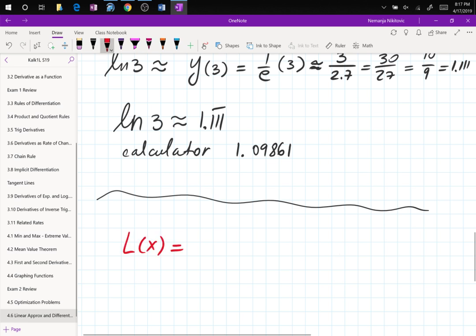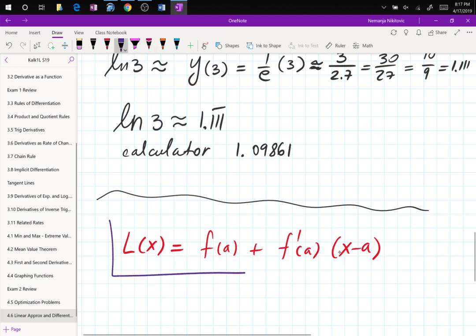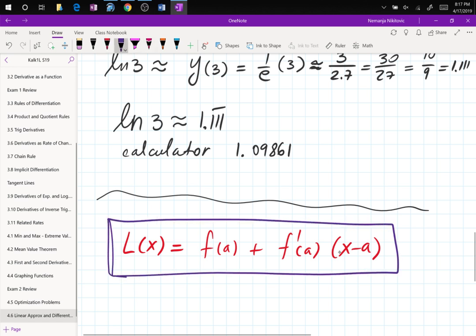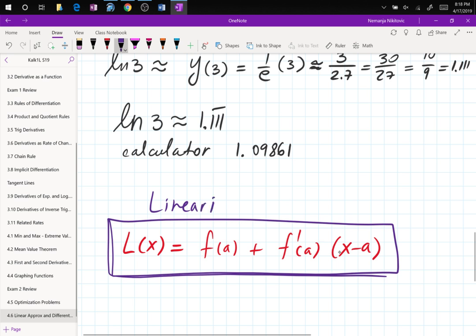L of x is equal to f of a plus f prime of a times x minus a. So this is called linearization. Whatever curve you had as f of x is going to become a linear line.